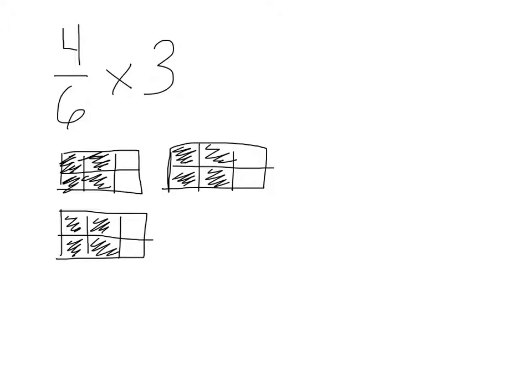And so how I show that is I would count all the shaded pieces, and that'll be my numerator, and my denominator always stays the same. So I have 3 groups of 4/6, and that's 4 in the first group, and then I have 8 and 12. So I have 12/6.